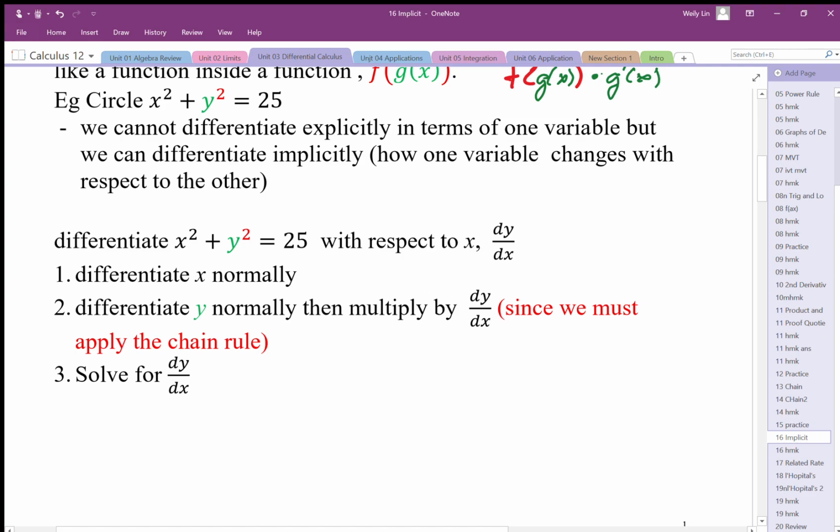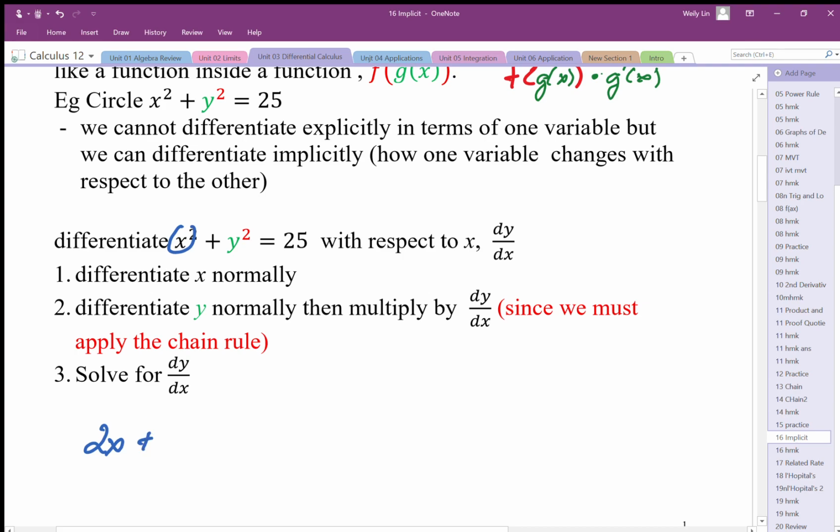So we're going to differentiate x squared plus y squared equals 25. When I differentiate this expression, I'm going to first differentiate all the x parts of this expression just normally. I'm going to differentiate that as 2x. Okay, so it looks like this. I'm going to get 2x. Okay, there's the derivative of x squared, plus.